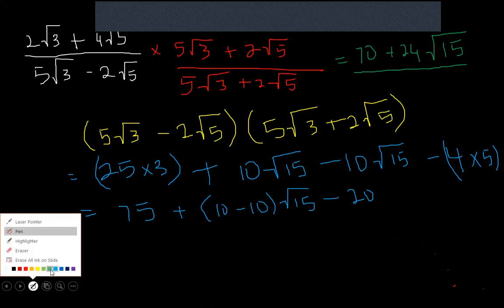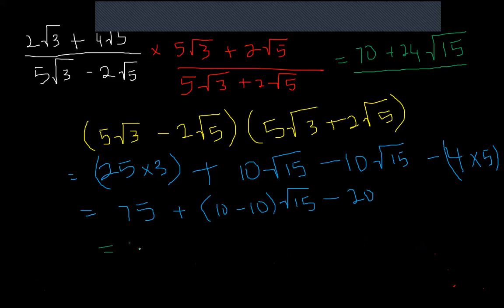And we know that any number multiplied by 0 would give me back 0. So let me just put the 0 here, minus 20. And this would be 55. Why? 75 minus 20 is 55. And that's why 55 is my denominator.